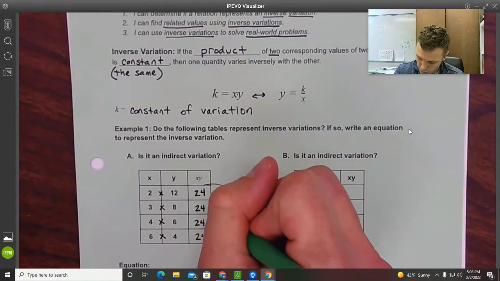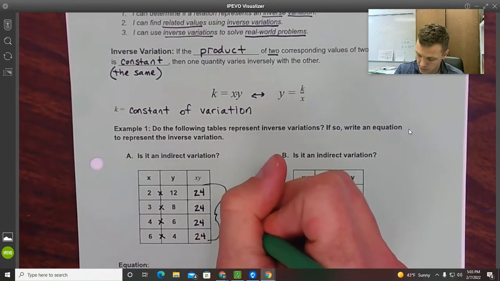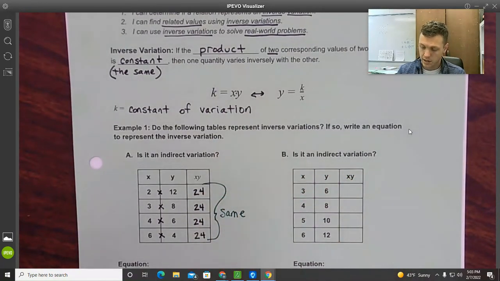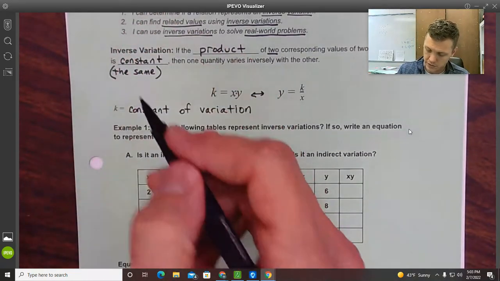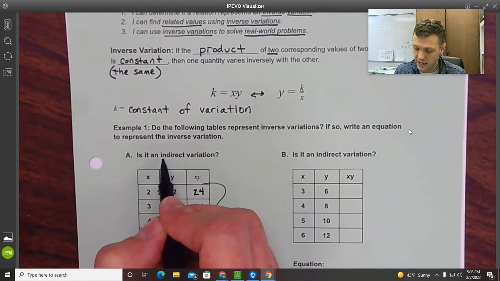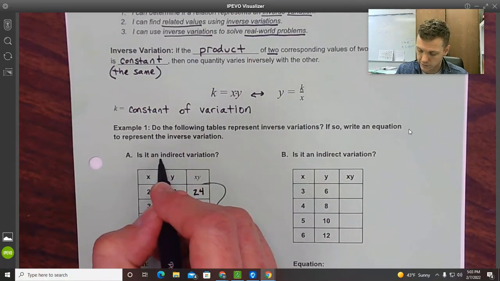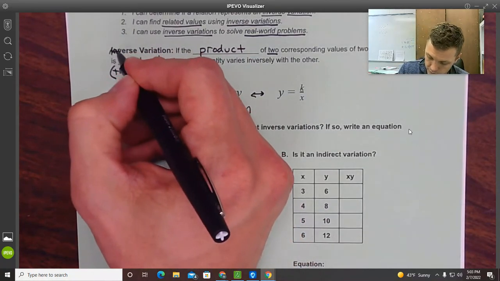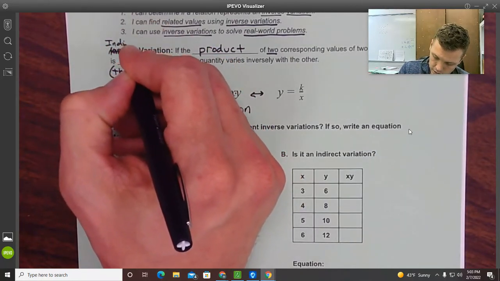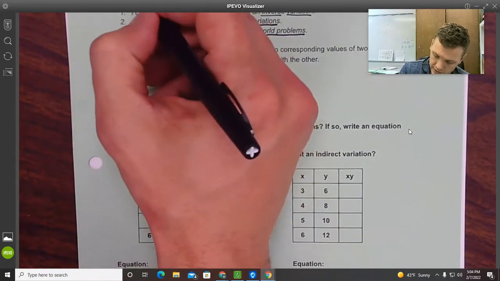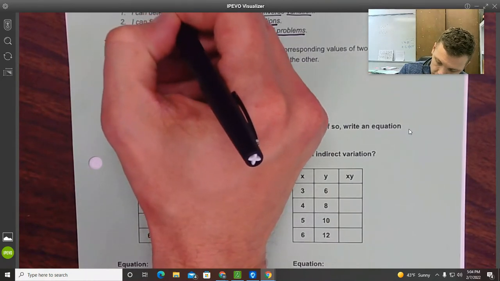Because these are all the same, oh, sorry, I put the wrong definition. It represents an indirect variation. Sorry, guys, I messed that up. This should not say inverse. An indirect. I don't know what I was thinking.